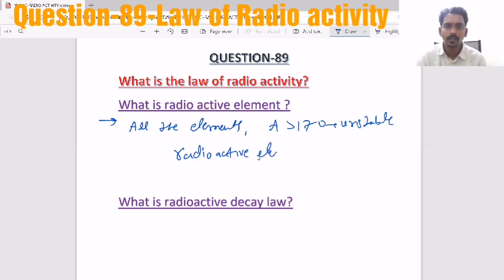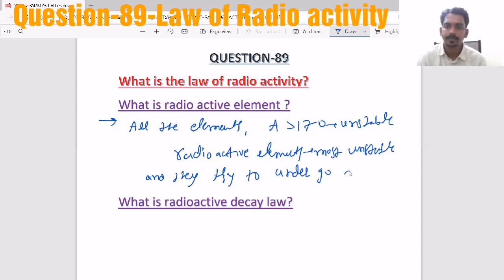Radioactive elements are most unstable, and they try to undergo decay to become stable.